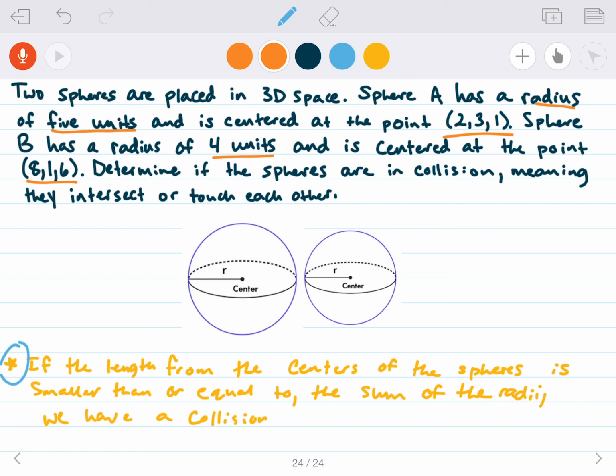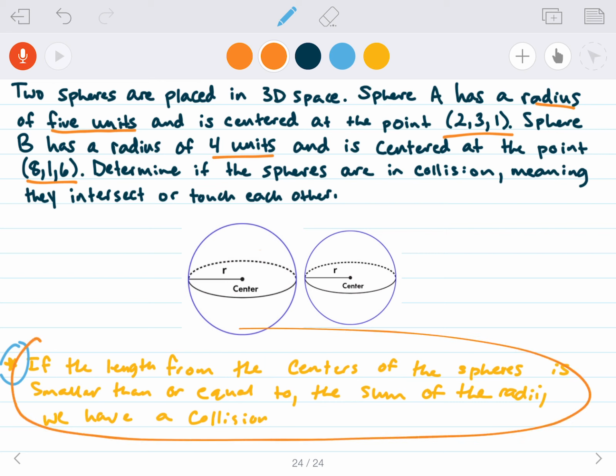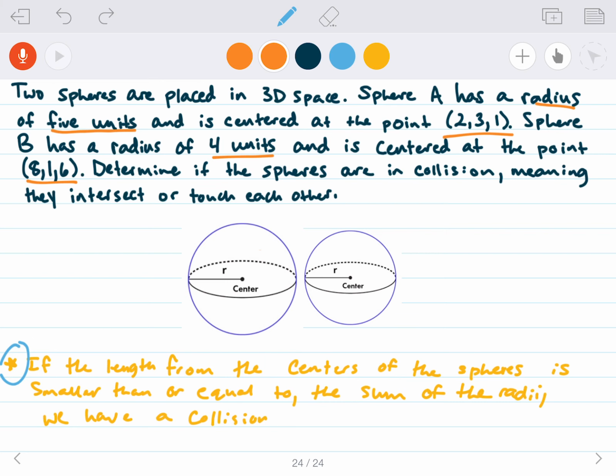And so the big idea here is this. If the length from the centers of the spheres is smaller than or equal to the sum of the radii, we have a collision. And so the way that I've drawn it, it looks like the spheres just touch each other, right? Because this distance from center to center is going to be the same as the sum of radius 1 right here and radius 2.